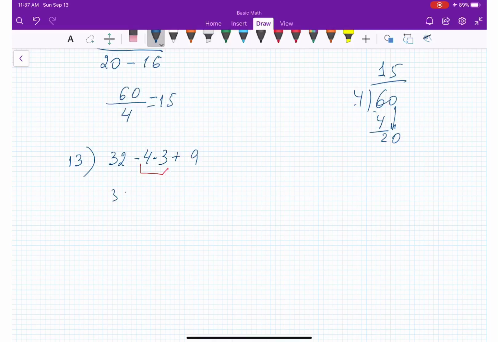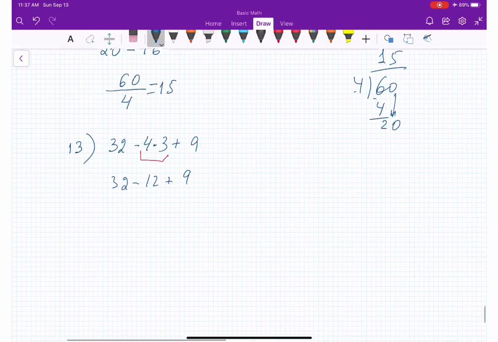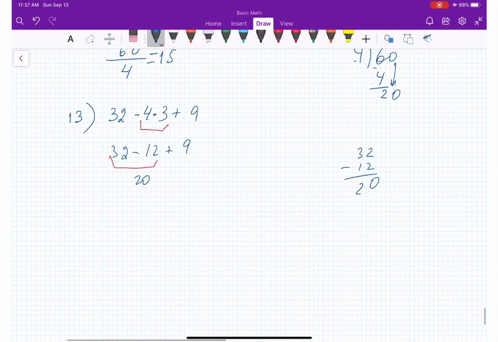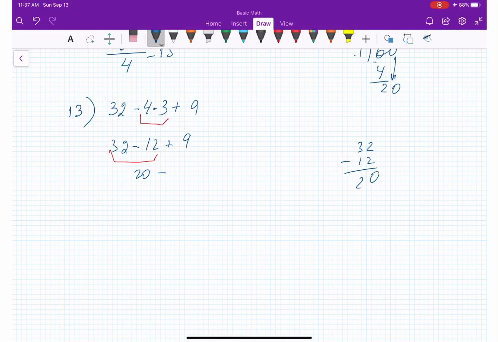So 32 minus 12 plus 9. Next operation we are doing this subtraction. It's going to be 32 minus 12. 2 minus 2 is 0. 3 minus 1 is 2, 20. Plus 9. And lastly, 20 plus 9, it's going to be 29.